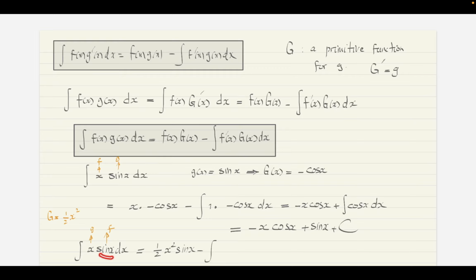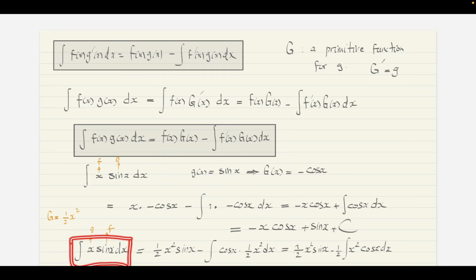F prime x becomes cosine, multiplied by capital G, which is 1/2 x squared dx. Okay, so let me just organize it a little bit. I copy and paste the first term. I pull this 1/2 out, so it becomes minus a half integral x squared cosine x dx. Okay, so I got a correct equality.